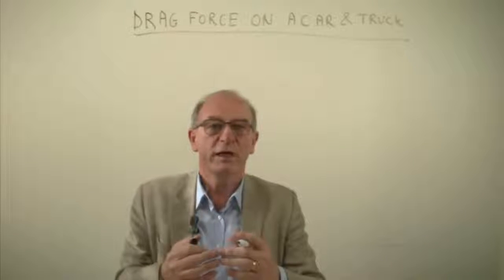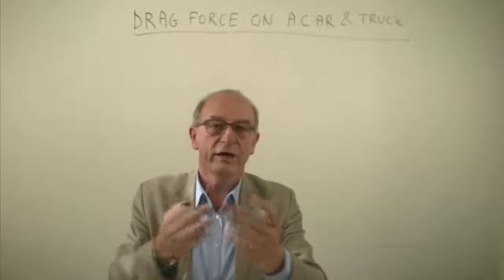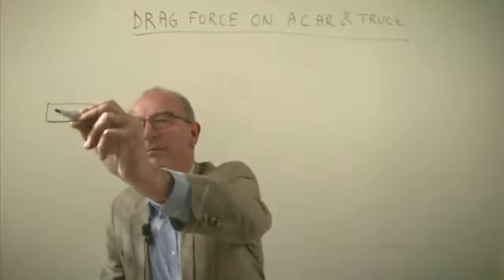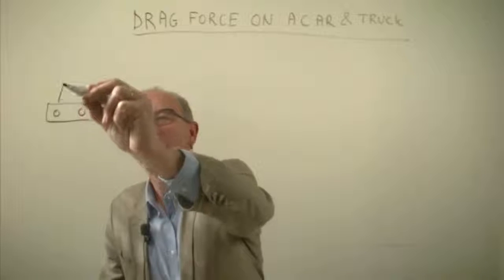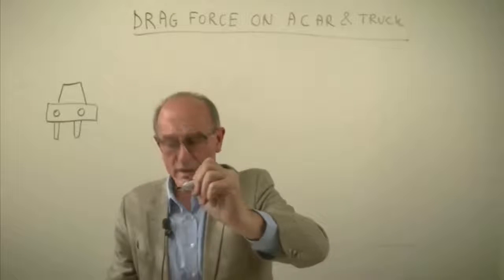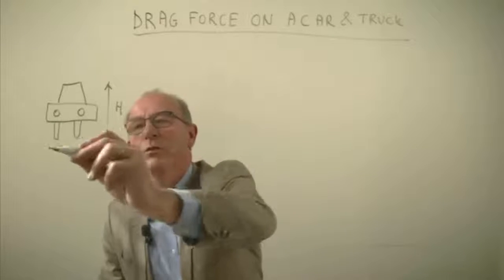But to give you an indication, I first have to make a sketch of the car and of the truck. First I draw the car. This is the car with a certain height and a certain width.